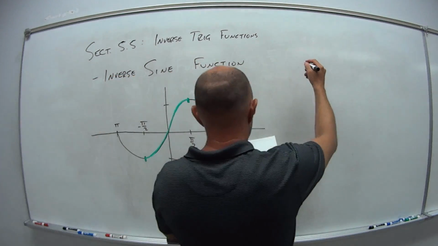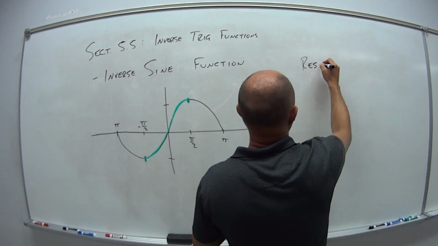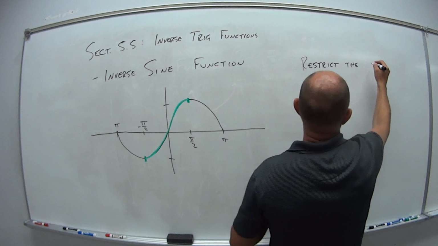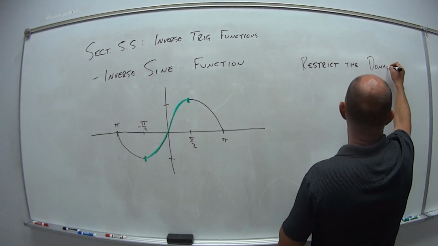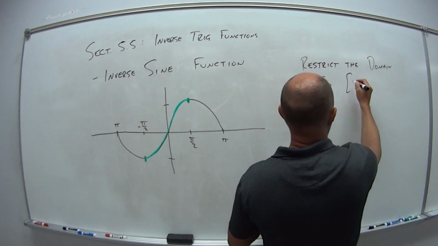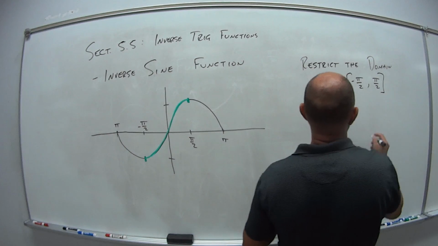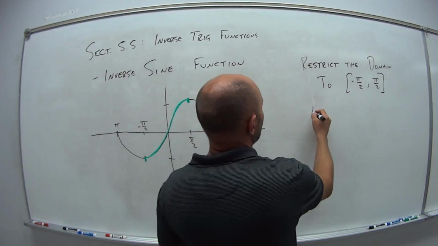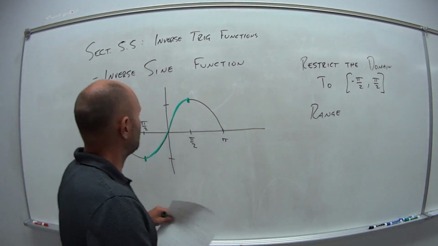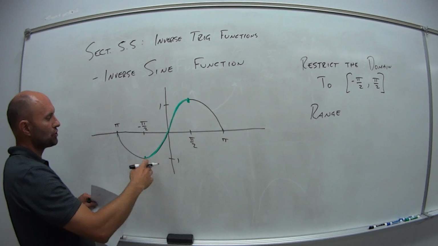So formally, I'm going to restrict the domain to negative pi over 2 up to pi over 2. And by doing that, if I'm only looking at the green area here, then my range goes from what?